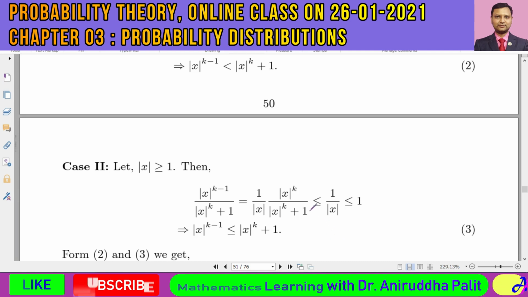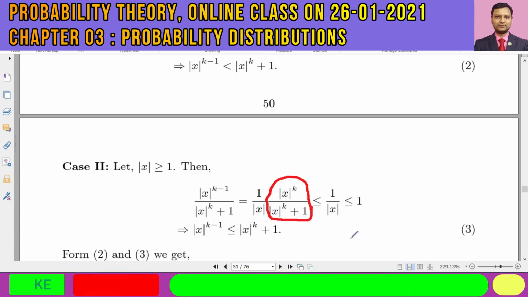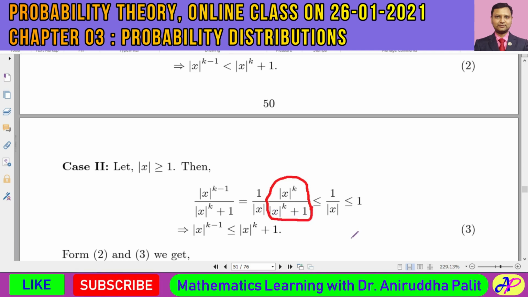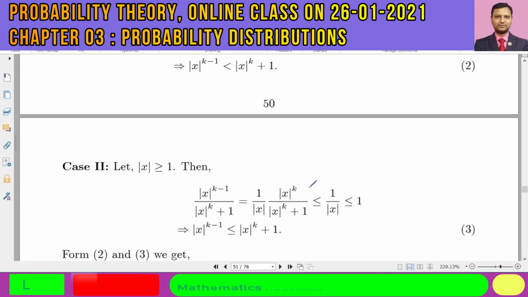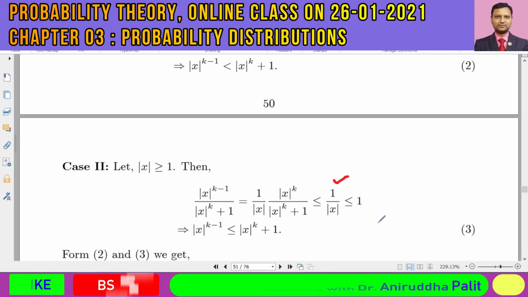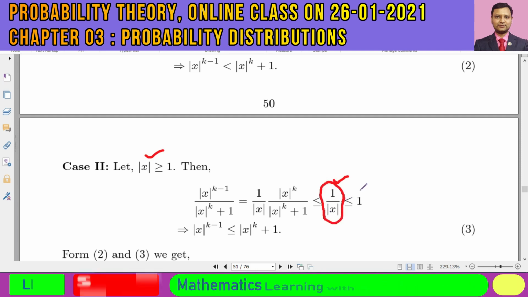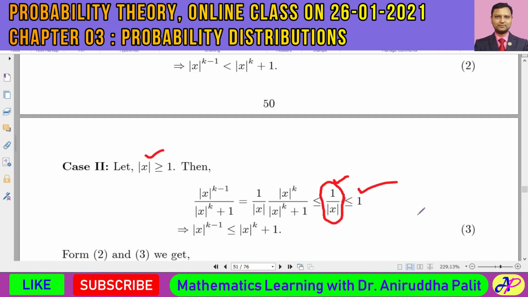And there this |x|^k divided by |x|^(k+1) expression is of course less than or equal to 1. Therefore effectively this total expression is less than or equal to 1 by modulus of x. And because modulus of x is greater than or equal to 1, therefore 1 by modulus of x, its inverse, should be less than or equal to 1.